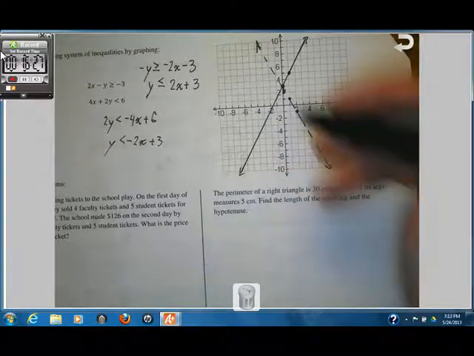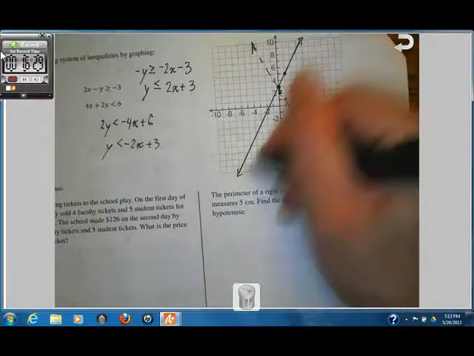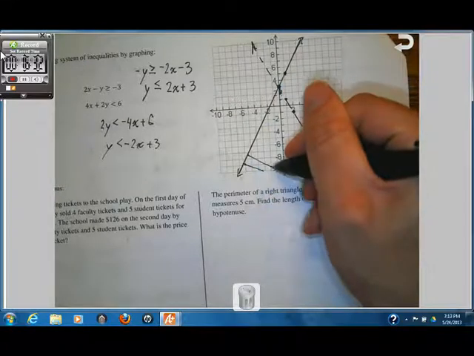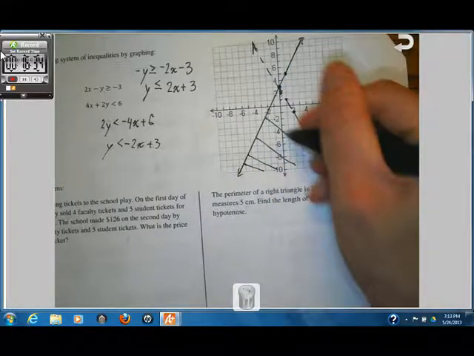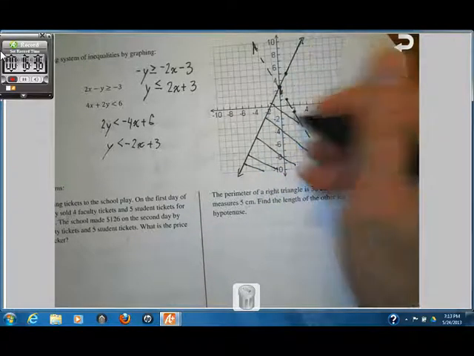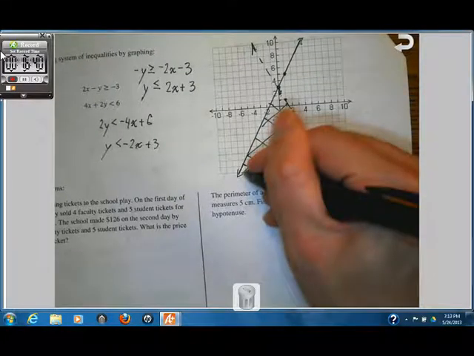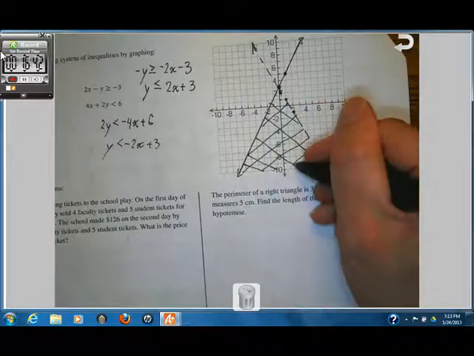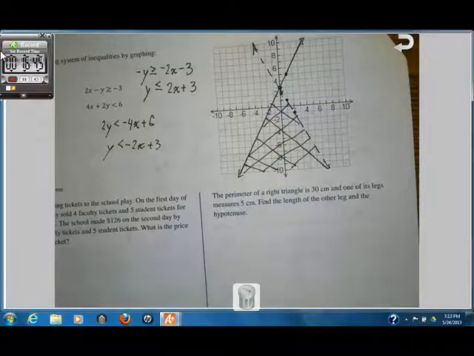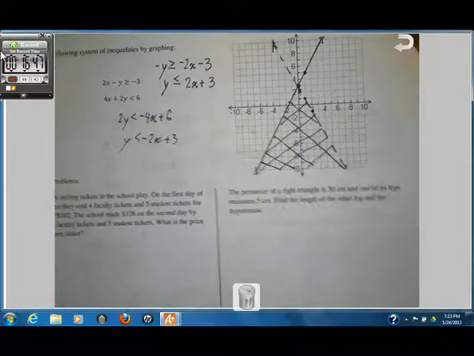So let's take a look at these last two. Layman selling tickets, first day of sales, faculty sold 4 faculty tickets and 5 student tickets, so that would be 4F and 5S equals 102.